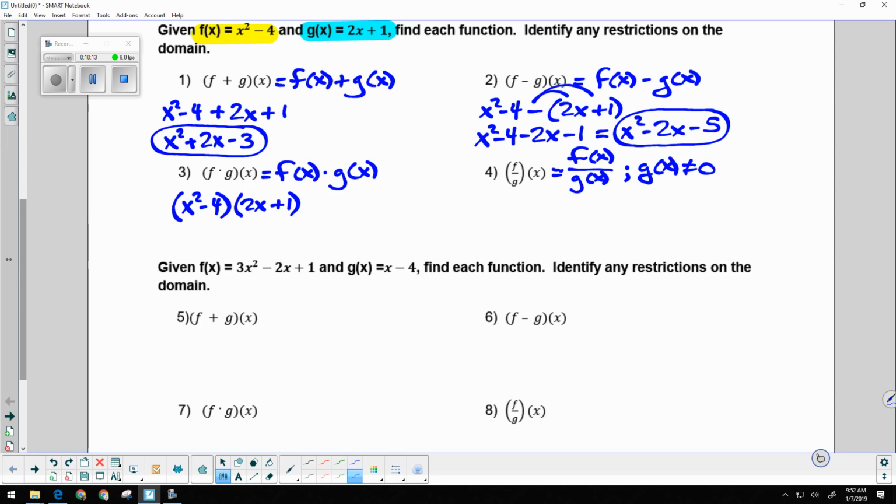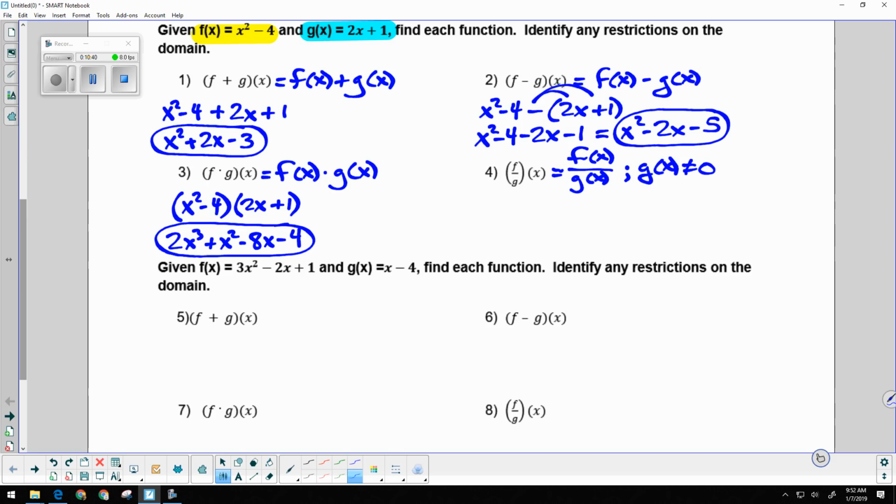Now we FOIL, remember it's first, outside, inside, last. So 2x cubed plus x squared minus 8x minus 4. Combine any like terms, which usually there are. Here there's not. FOIL is the last step. You have your answer. This is the answer to number 3.